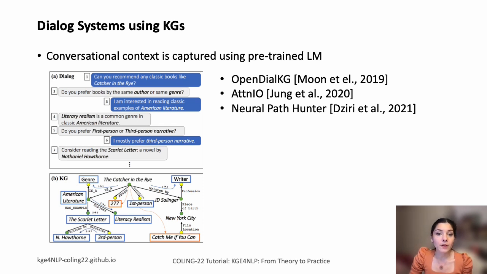Later on, AttnIO adopted the idea of attention flow with a graph neural network-based neighborhood aggregation for the dialogue-conditioned path retrieval problem. Finally, Neural Path Hunter addressed reducing hallucinations, such as generated incorrect statements, with knowledge graph supervision.